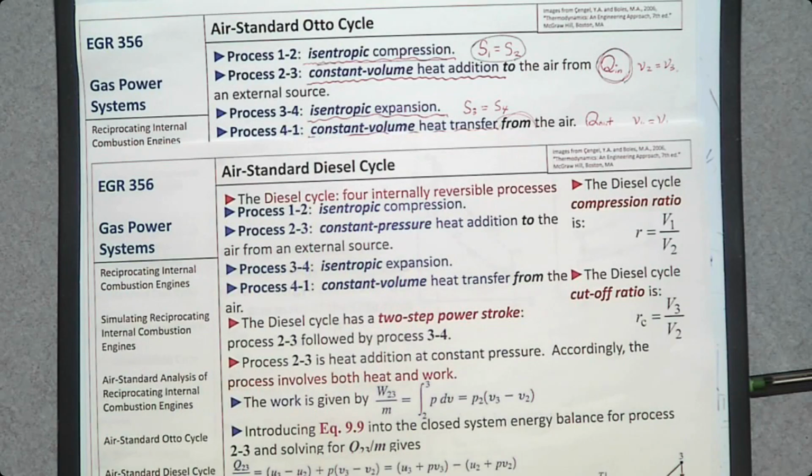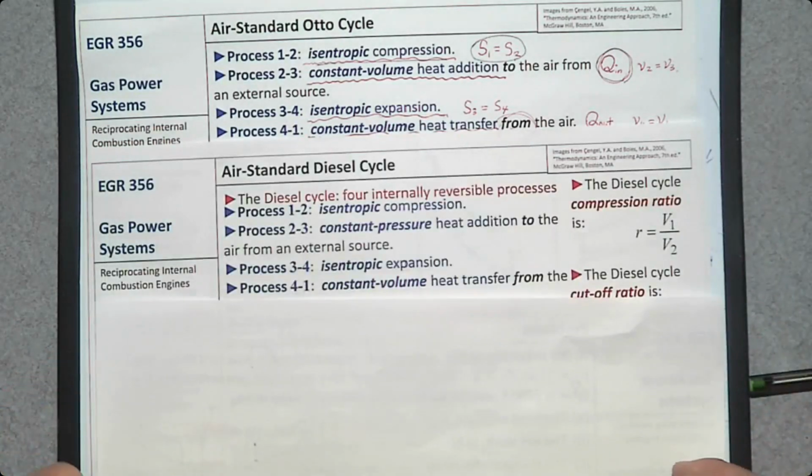On the other hand, in diesel cycle, we rely on self-ignition due to high pressure, so the combustion is spontaneous all over the place. So we assume that the pressure remains constant. So process 2 to 3 is constant pressure heat addition, while Otto cycle has constant volume heat addition. So that's the only difference between these two.